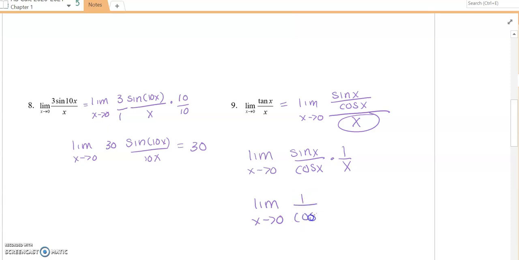And so I have got this beautiful thing going on. If I plug 0 in for cosine, cosine of 0 is 1, and this is 1. And I, as a teacher, would need to see all of this work.